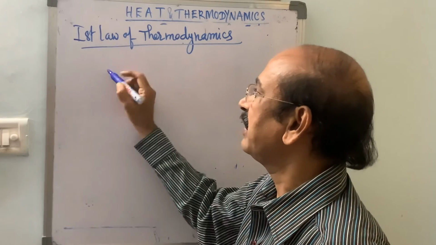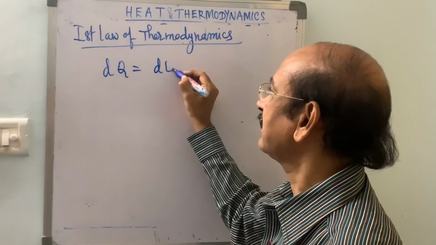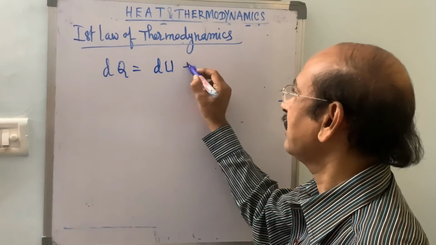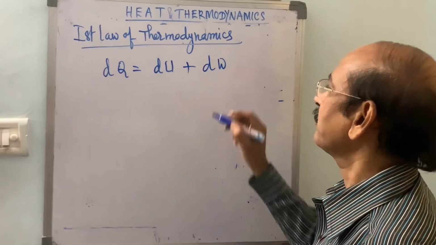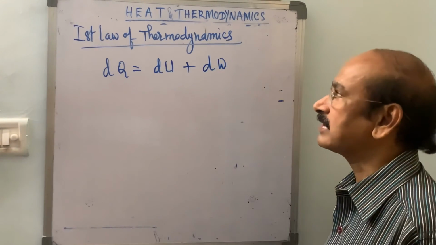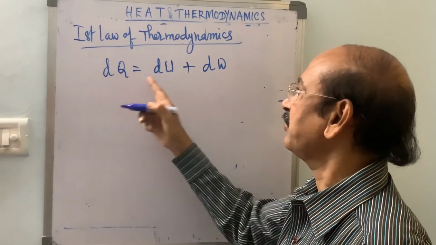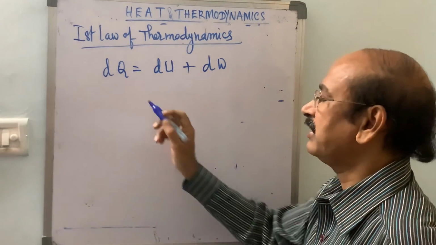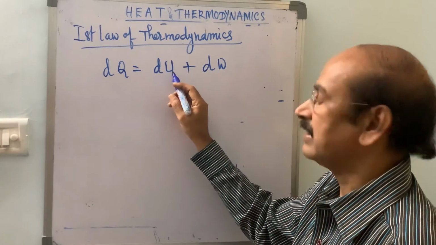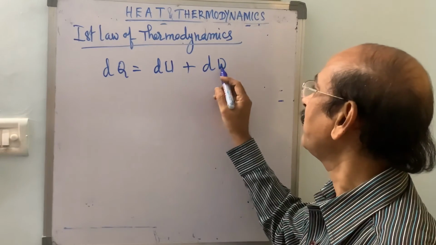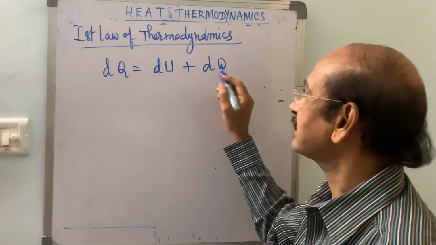When we supply some heat energy dQ, part of it increases the internal energy dU, and the remaining part of dQ is utilized to do work done by the gas. So from the law of conservation of energy, it is written dQ equal to dU plus dW. Here dQ is the amount of heat energy supplied to the system, dU is the increase in internal energy, and dW is the work done by the system or gas.